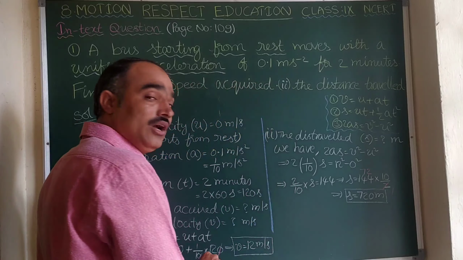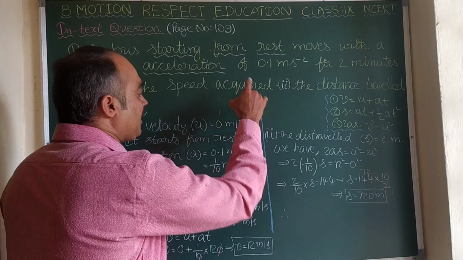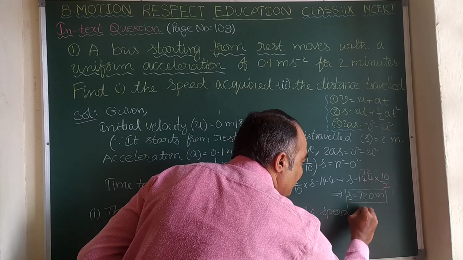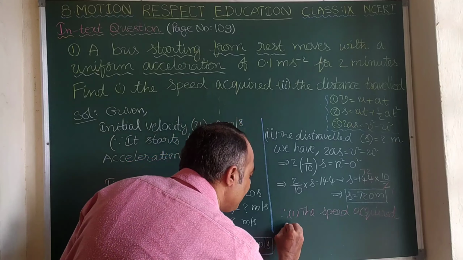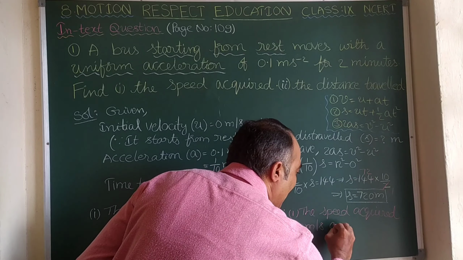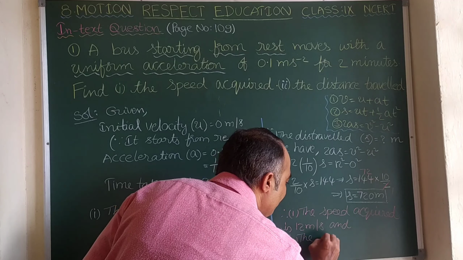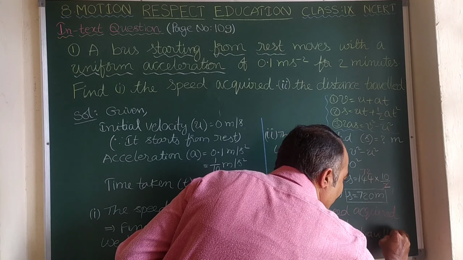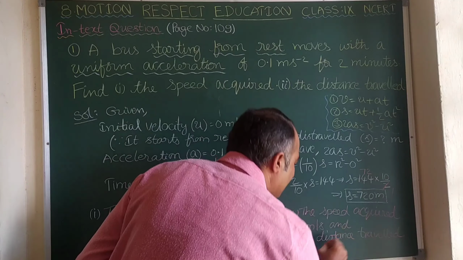So let us write the conclusion. Therefore, here read the question. The speed acquired, first bit, the speed acquired is here nothing but v, 12 meter per second, and second bit, the distance travelled is nothing but 720 meters.